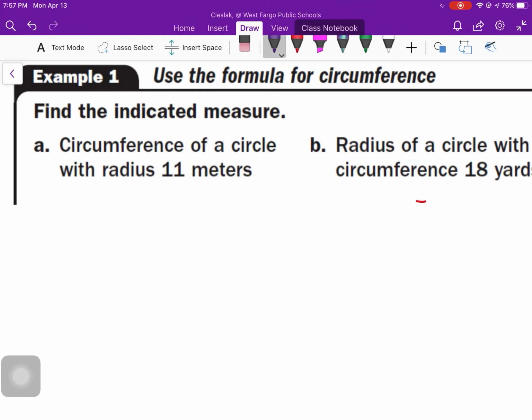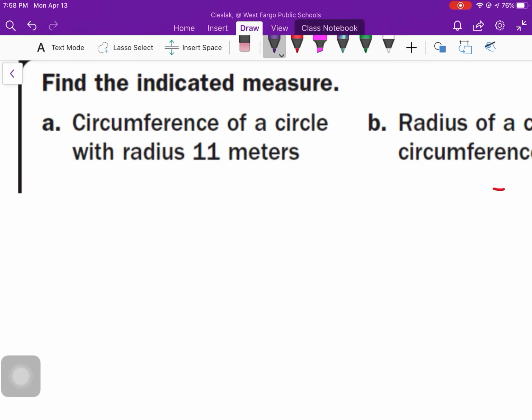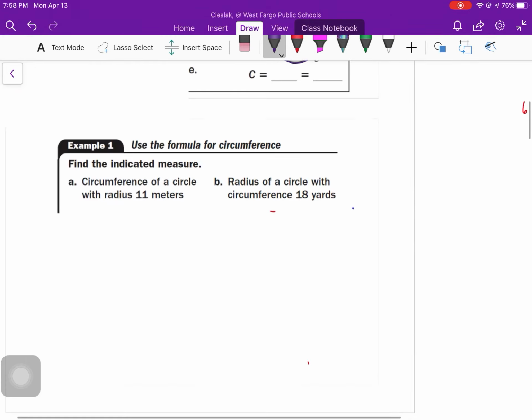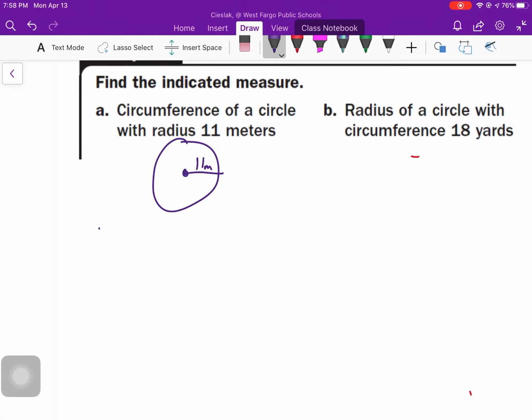So, example 1, let's dive right in. We are asked to find the circumference of a circle given it has a radius of 11 meters. So, there is a circle where I have to find the circumference. The radius is 11 meters. So, circumference is equal to 2 times pi times my radius of 11.